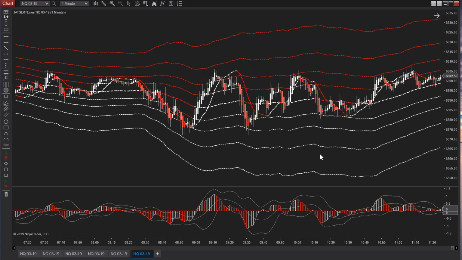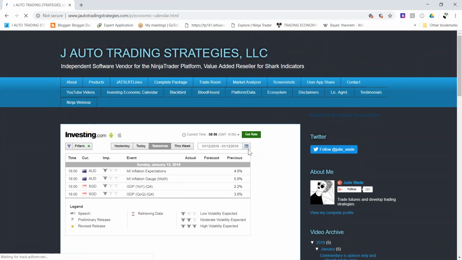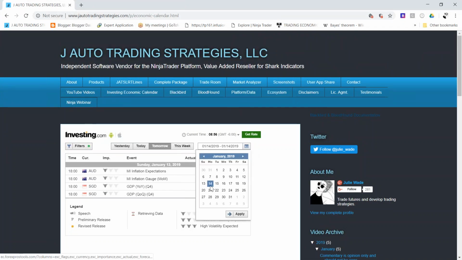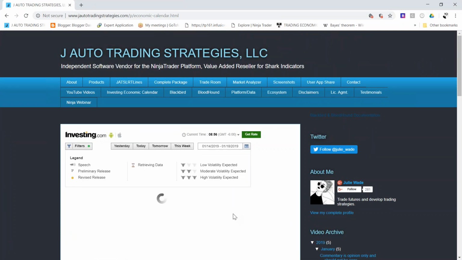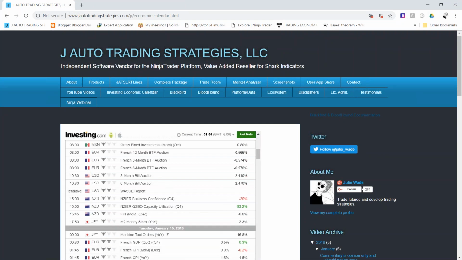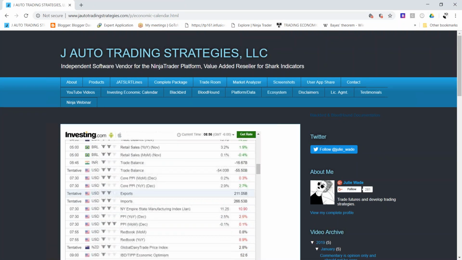We've got earnings coming out next week, and also an awesome lineup for the economic calendar next week. You can always hop over to the website, look at the economic calendar, and nothing on the calendar really for Monday next week, but Tuesday, Wednesday, Thursday, be sure and come into the trade room.